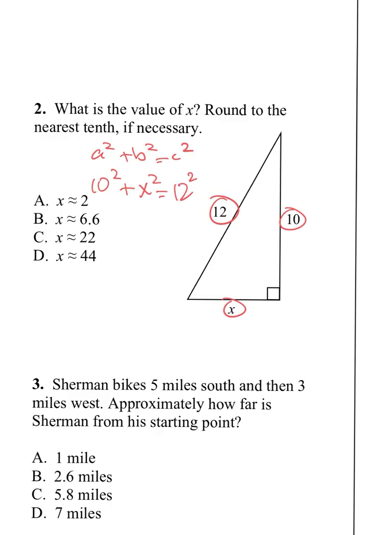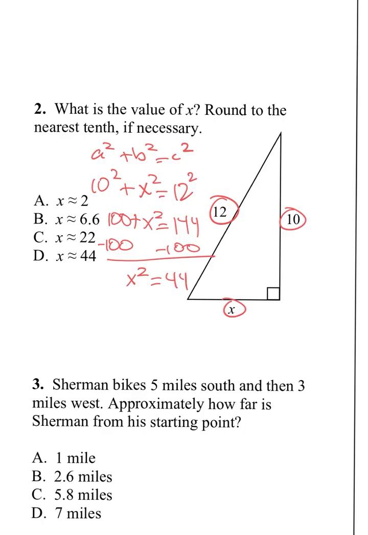Let's solve for the length of the other leg. 10 squared, or 10 times 10, is 100, plus x squared equals 12 squared, or 12 times 12, which is 144. Let's solve for x squared. We subtract 100 from both sides, and we get x squared equals 144 minus 100, which is 44.